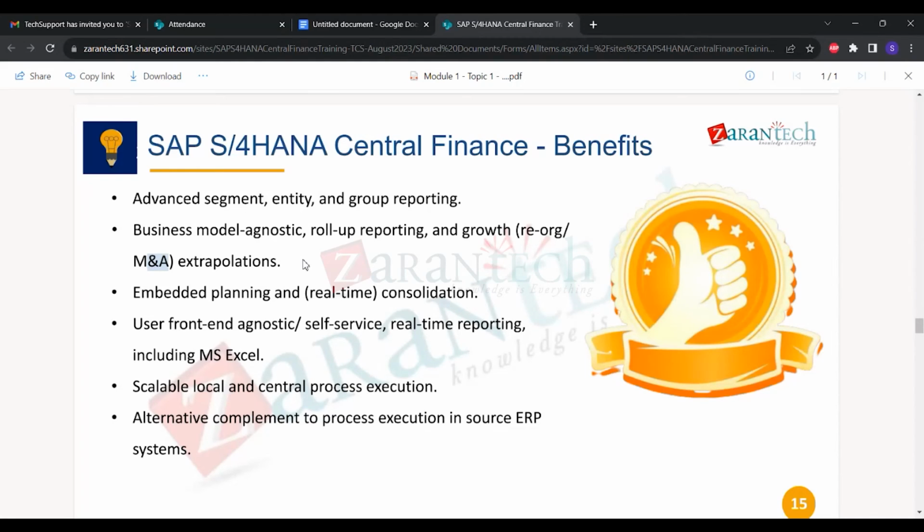If they are using a non-SAP system, you can use Unity to have the data in the staging tables, and from that you can get the financial data for reporting in the central finance system. Once you have the replicated data, you will have real-time data, and on top of that you can perform planning as well as group reporting.